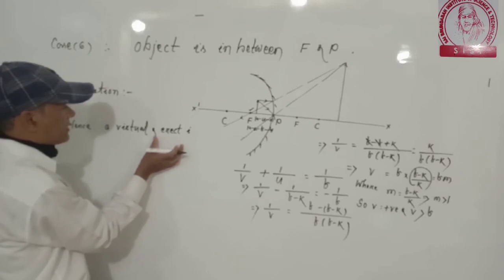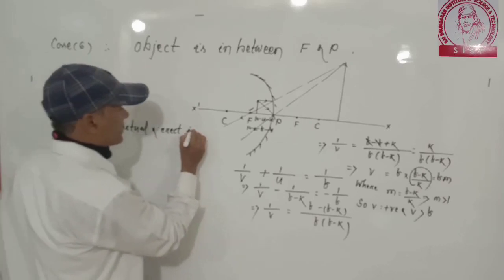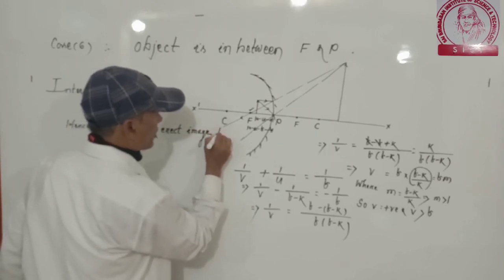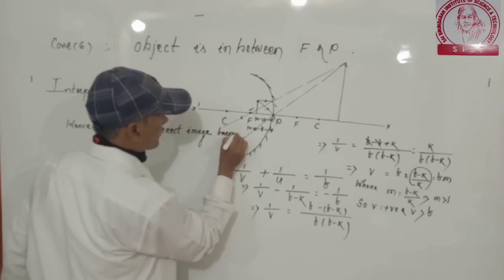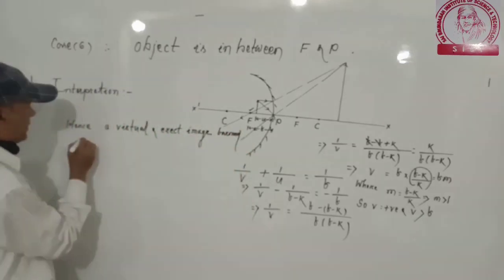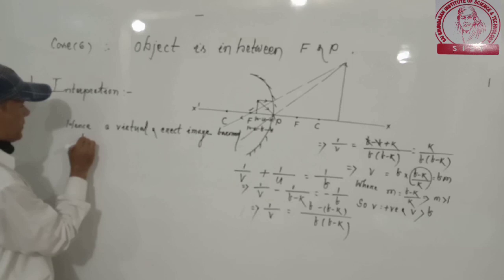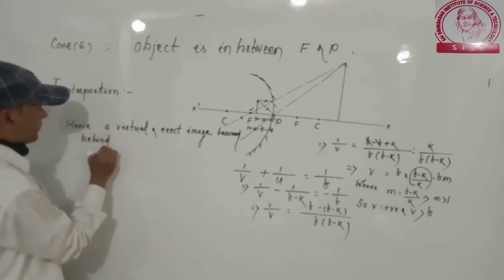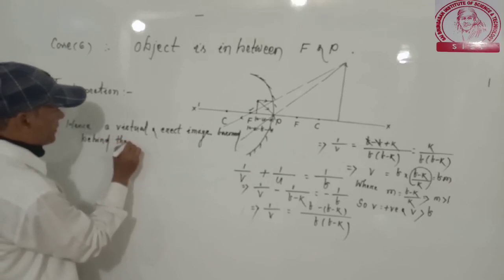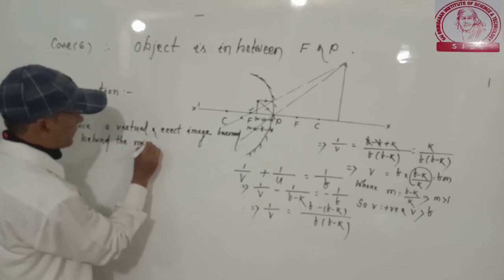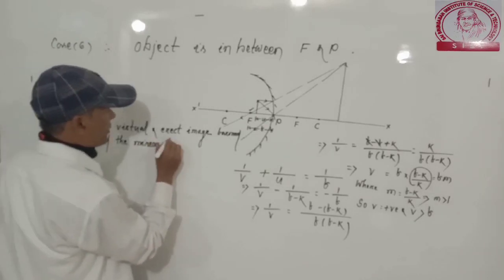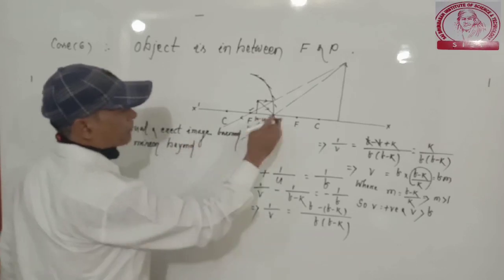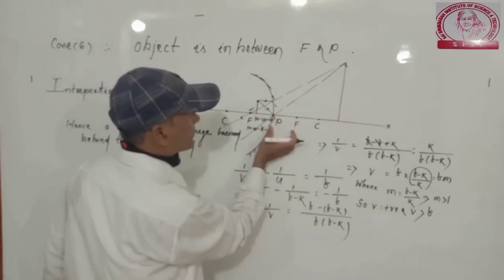Virtual and erect means आभासी व सीधी image, formed behind the mirror, beyond focal length.